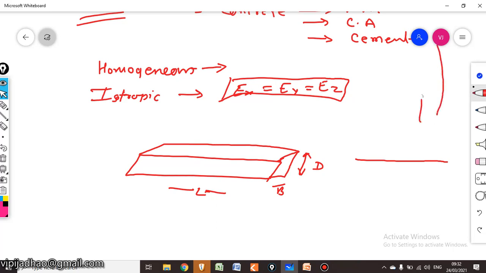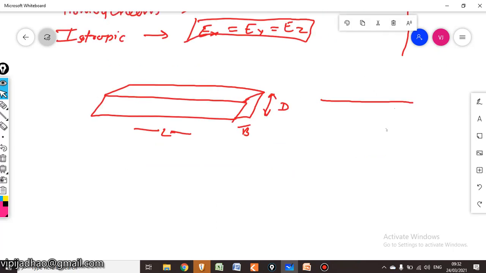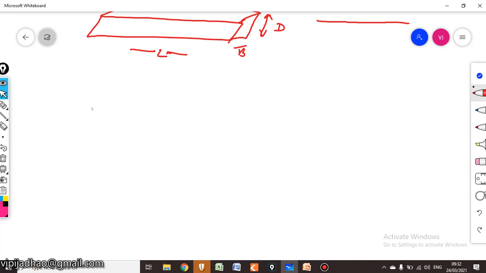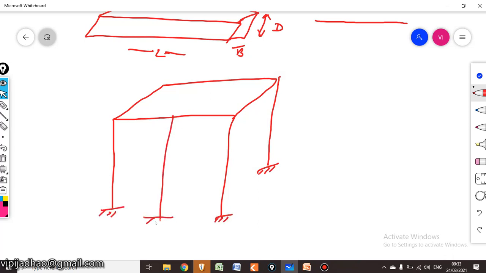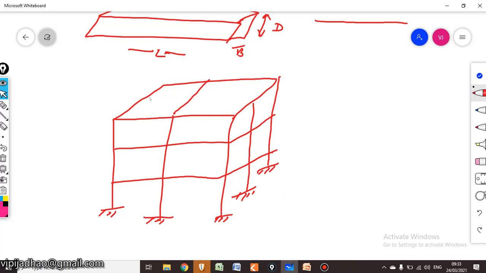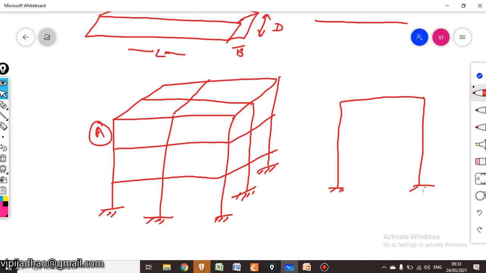Whereas if we have some multi-story three-dimensional frame like this, rather than solving this particular frame as a whole, we will take one frame, let us consider frame A, out of this, and then solve this particular frame.